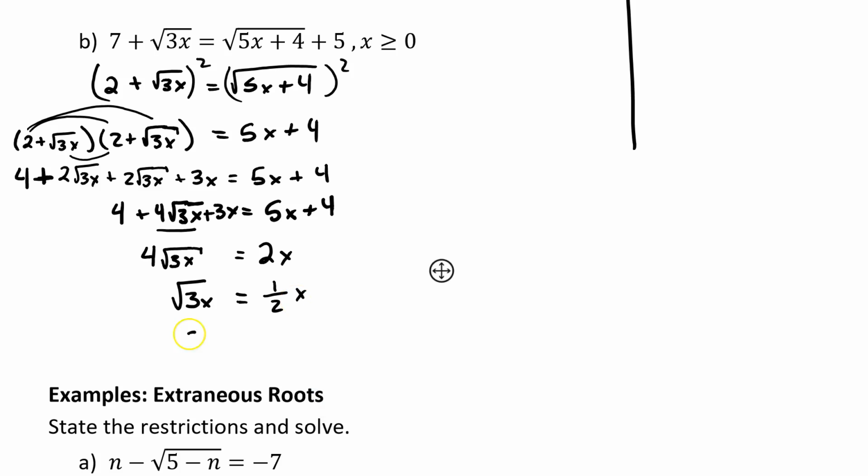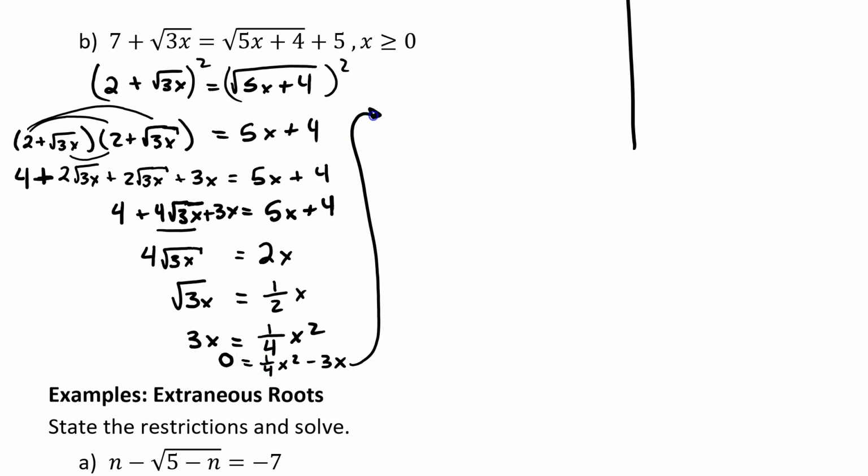Square both sides. 3x equals 1 over 4 x squared. I'm going to subtract 3x from both sides because I like to keep it positive. 1/4 x squared minus 3x, and I'm going to multiply through by 4 so I don't have to worry about that fraction.